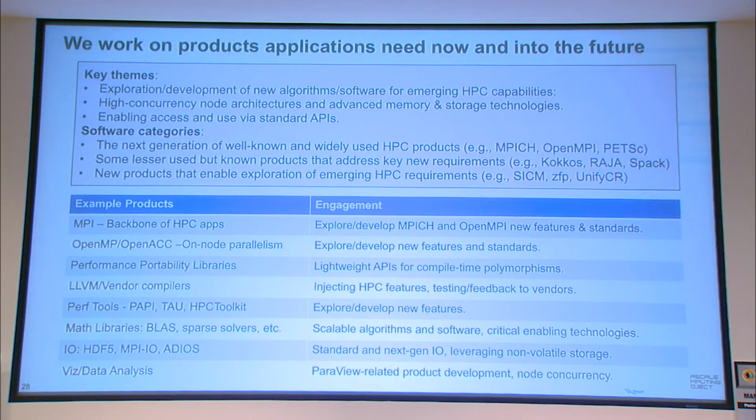Another thing that's increasingly important, for example, in multi-physics applications is that when you try and knit lots of different packages together, just building them together can be a challenge. And so things like the Spack package manager, which I'll mention a little bit later, help ease that burden.